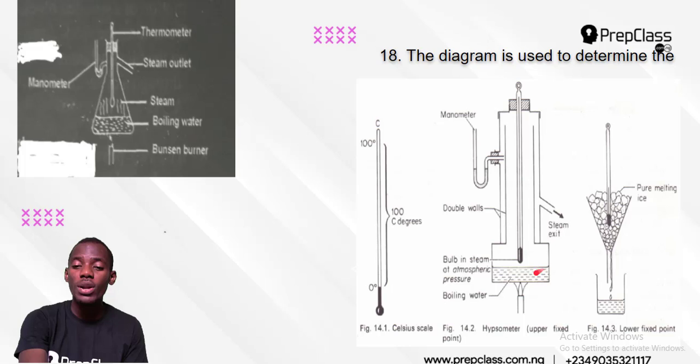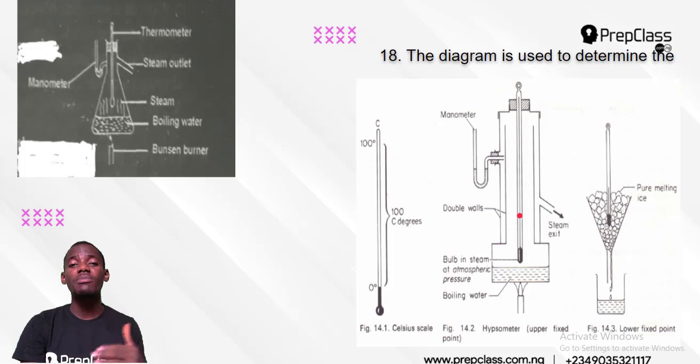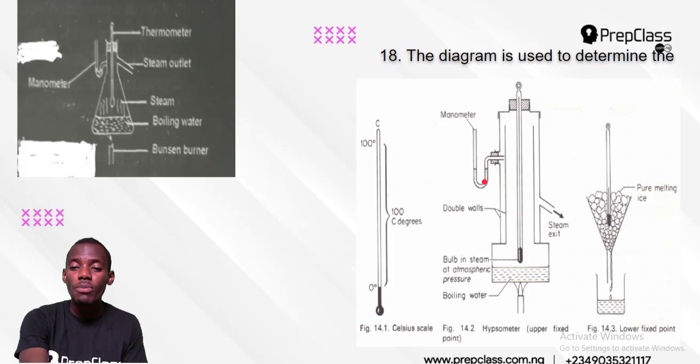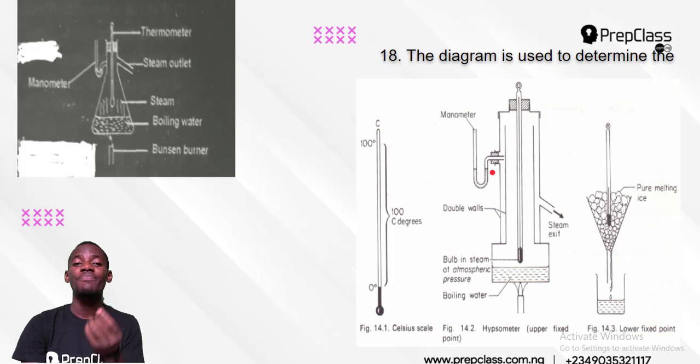And here we have boiling water now. As the water is boiling, you know, water boils when the atmospheric pressure, like I said before, is equal to the saturated pressure of the liquid. So that's what the manometer is watching. This manometer is gauging the pressure, because pressure is also a function of water. That means boiling water is affected by pressure.